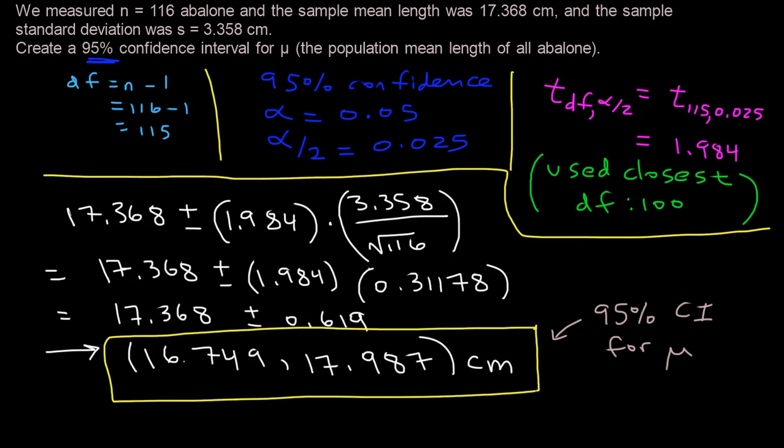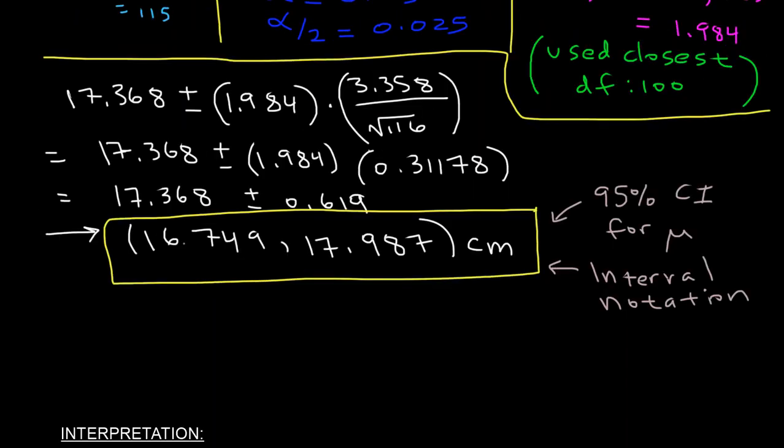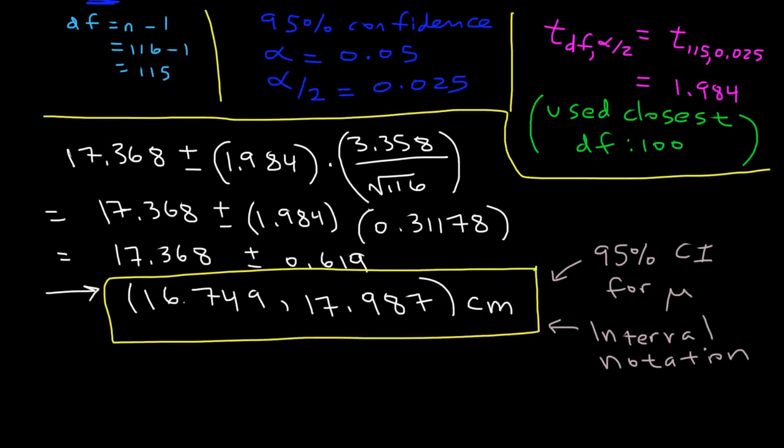The particular way that this is written, this is called interval notation, we have the lower bound on the left and the upper bound on the right. Sometimes it is written as this.